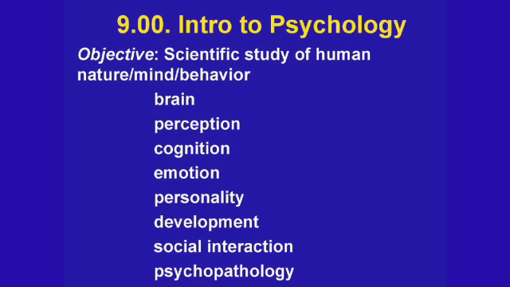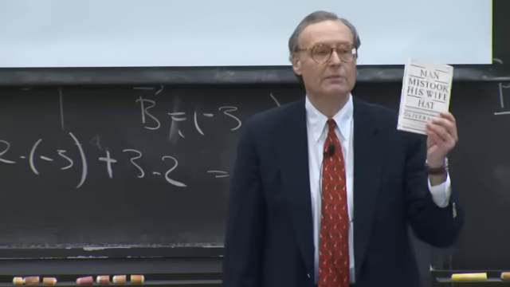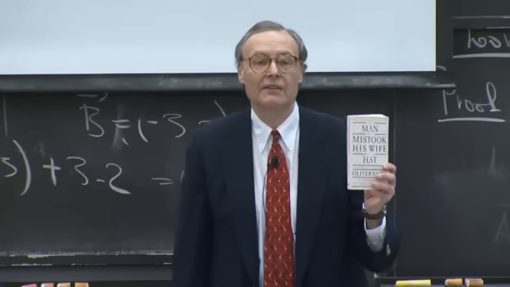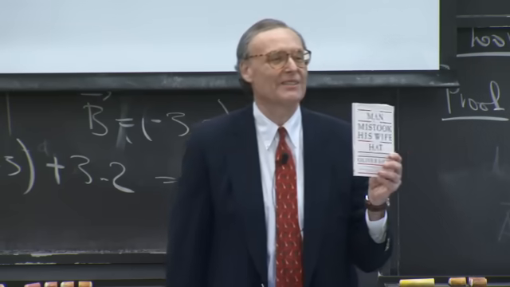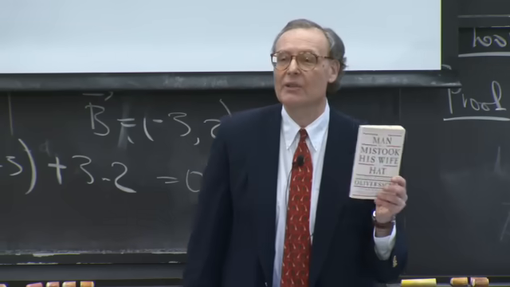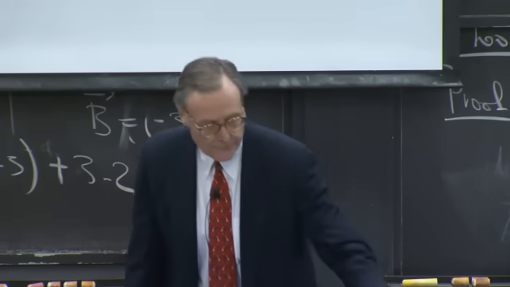As we go through this semester, we'll talk about the brain. We'll talk a fair bit about chapters from this book, The Man Who Mistook His Wife for a Hat, by Oliver Sacks. It was a bestseller. Even when it wasn't assigned for a course, it's a great book. You'll enjoy it. Short, really fun chapters.